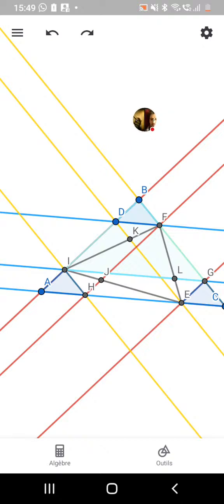Or we can say that this ratio is R prime, and this one is R, R over R minus 1. So this is the bijection.